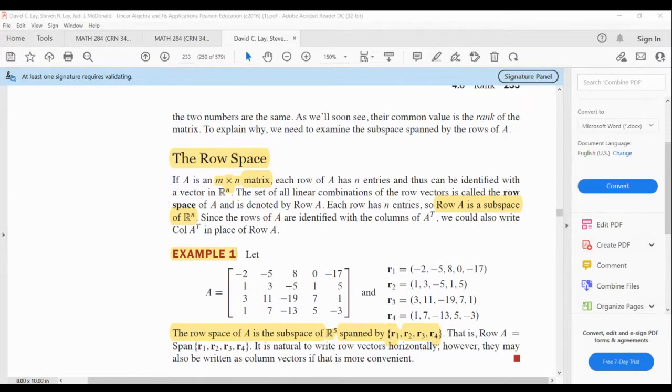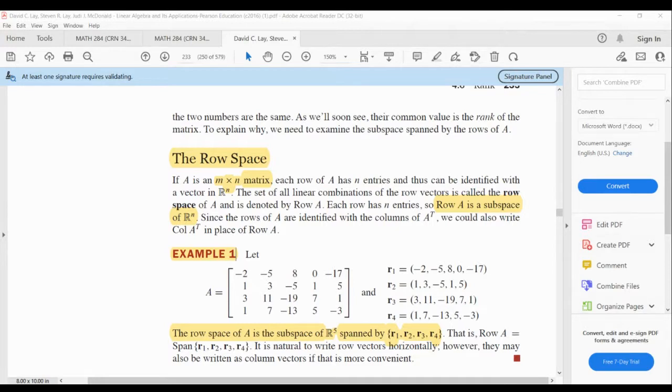Just like the column space is the space defined by the span of the column vectors of a matrix, the row space is the subspace defined by the span of the row vectors of the matrix. And obviously these row vectors, R1, R2, R3, R4 in example 1, have 5 coordinates, so they all live in R5.